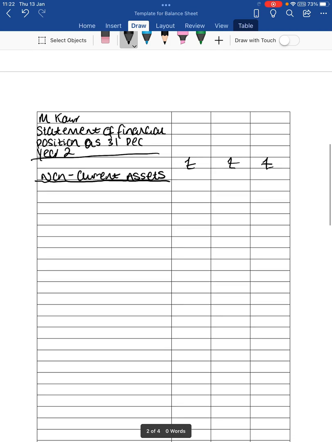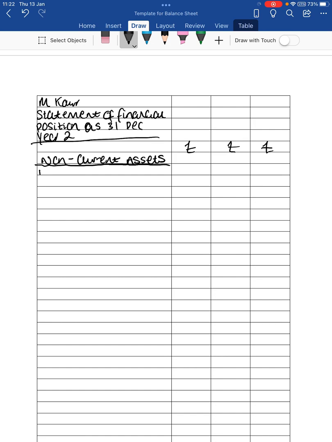So we have 2 non-current assets. We have our motor vehicles at £800, and we have our furniture at 2,700. All we have to do is simply add them up to give us a total of £3,500.